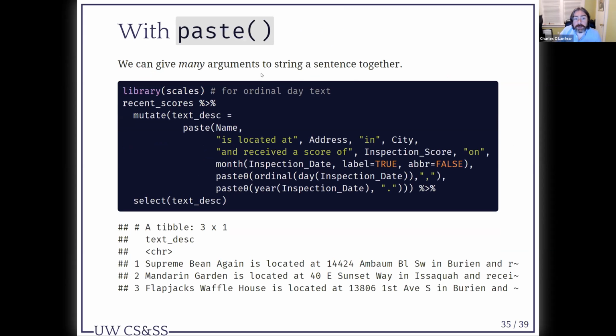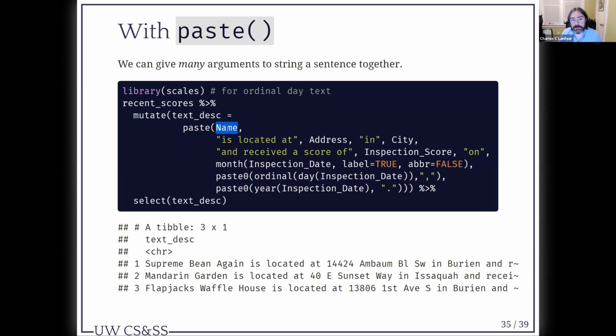Okay. What we could do if we want to assemble sentences out of our data, we could use paste to string a sentence together. So for example, here I'm going to take the recent scores data and mutate a text description. What I'm going to do is paste together the name.